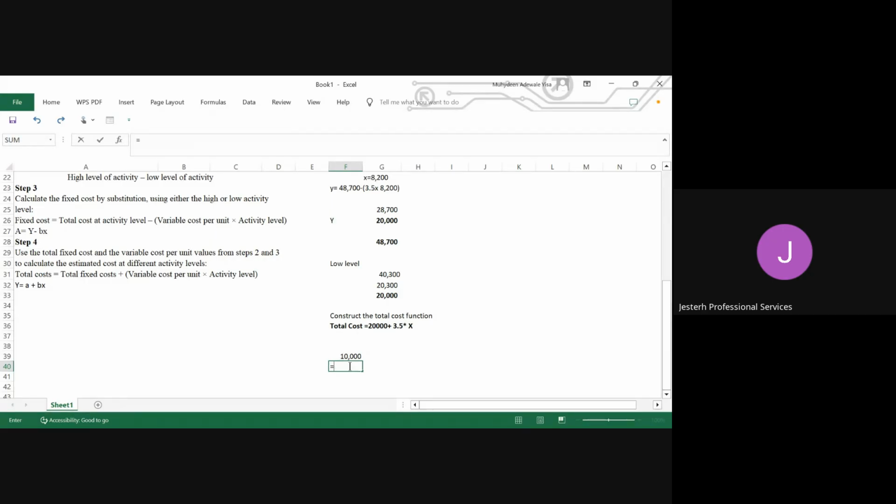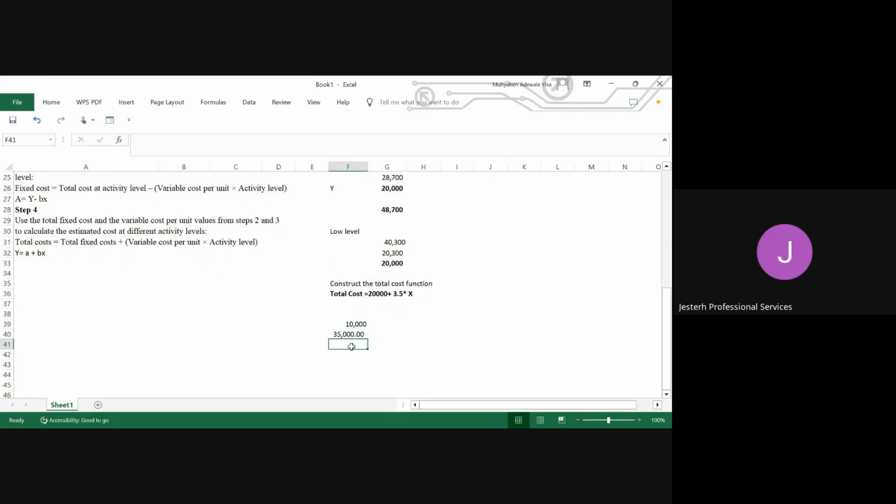The variable cost per unit, which is 3.5, multiplied by the level of activities that increases from 8,200 to 10,000, gives us 35,000. Then how can we determine the total cost? Very simple. Since we already know our fixed cost, which is 20,000.